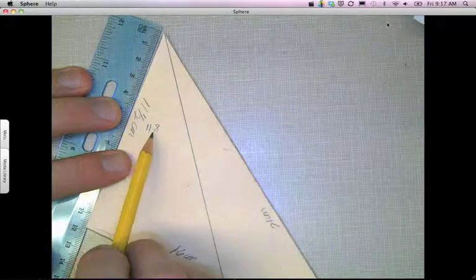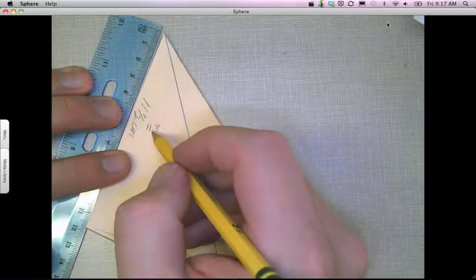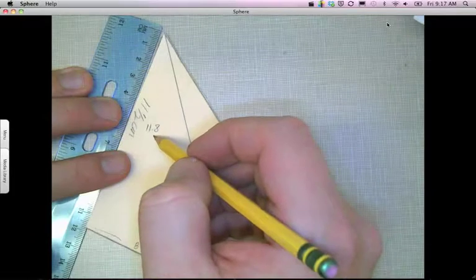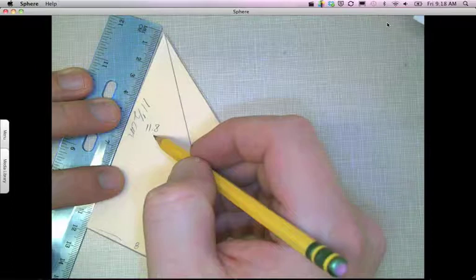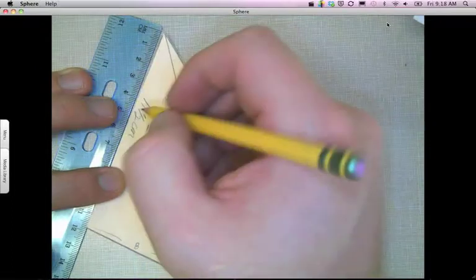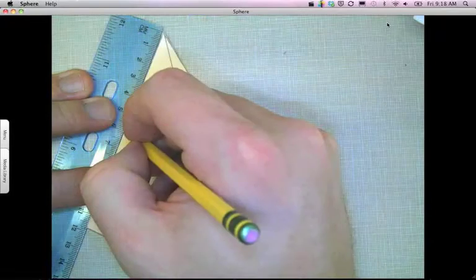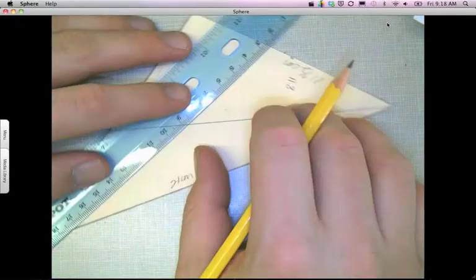What's half of 12? 6. And so if you want to go down 0.2, half of that 0.2 is what? What's half of 2? 1. Yeah. So you just go down to 6 and then down 0.1. So right here ends up being 5.9. There's the other midpoint.